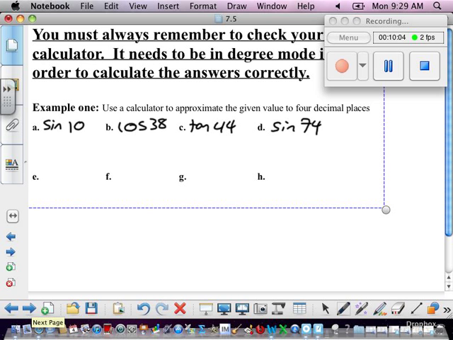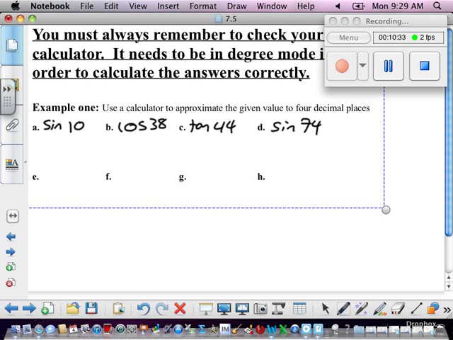So you have your pretty calculators, right? So you're going to go to a calculator page. Everybody's there? Yes. Calculator page. Okay, we've got to figure out how to find sine, S-I-N.